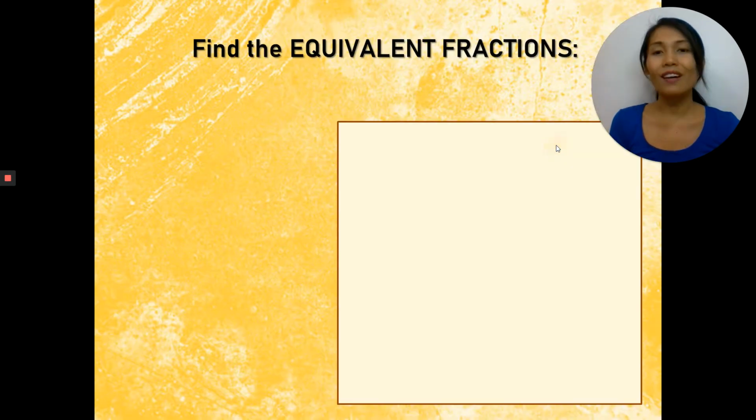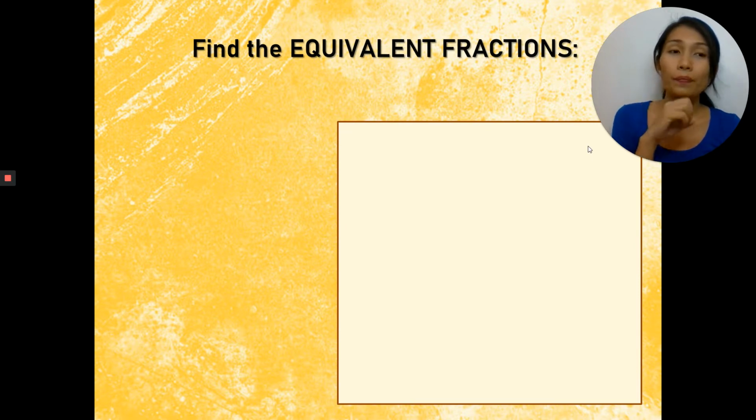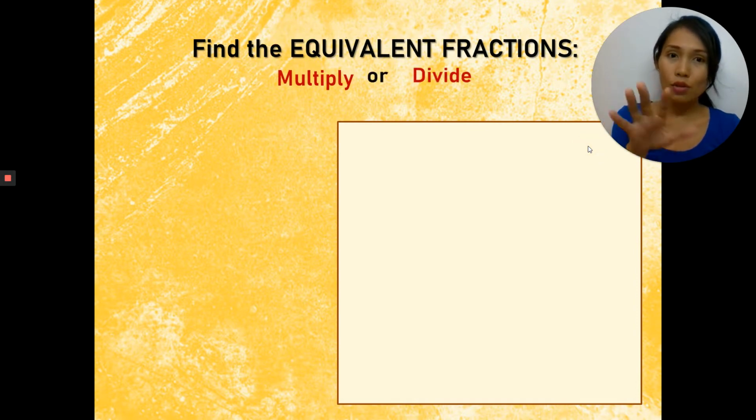All right. Now, finding the equivalent fractions, we can actually use either multiplication or division only. No subtraction and no addition. For finding the equivalent fractions, we will only use multiplication and division.